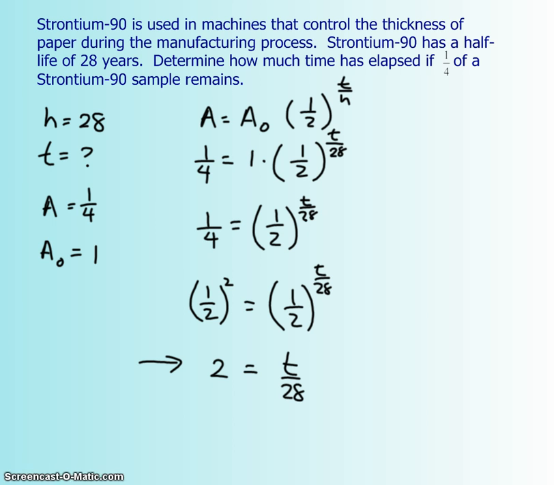Now I can solve for t. I just cross multiply. So t is equal to 56. Now taking a look back at the units, we're talking about years. So 56 years for the strontium-90 to become a quarter of what it is.